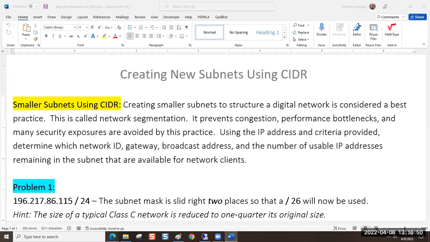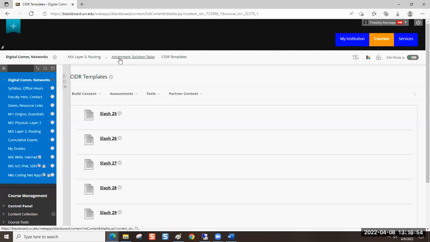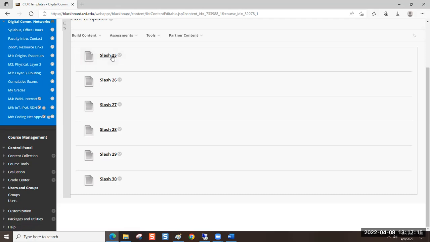So we just walked through the resources folder, which has a folder called assignment and solution tasks. Inside that is a folder called CIDR templates. You have these CIDR templates to use for selected CIDR solutions when you're going from a larger to a smaller subnet.